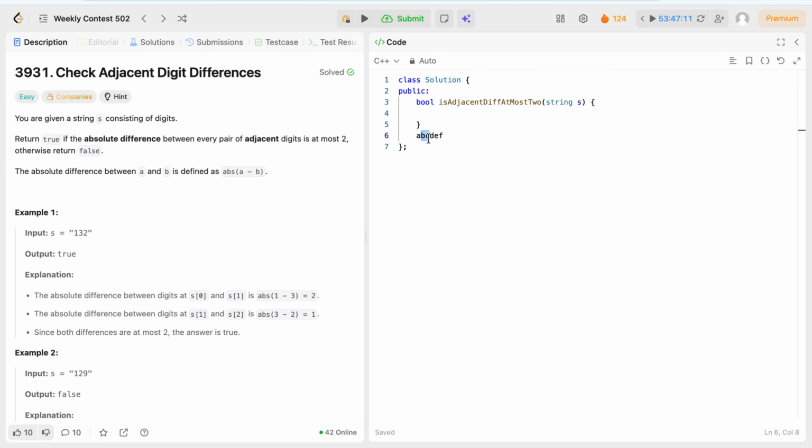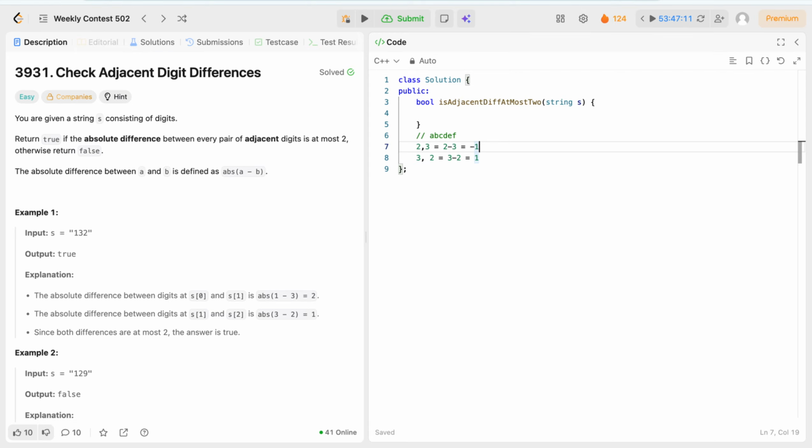So the absolute difference between these digits is at most 2. Now absolute difference means if we have 2 and 3, then their difference will be 2 minus 3 equal to minus 1. Or if we have 3 comma 2, then their difference will be 3 minus 2 equal to 1.